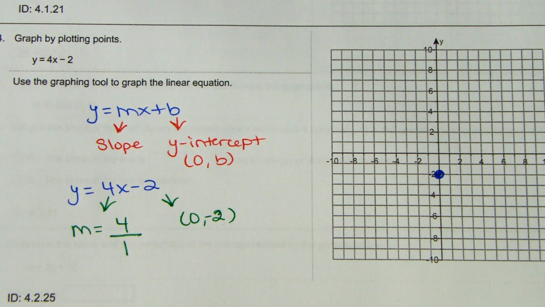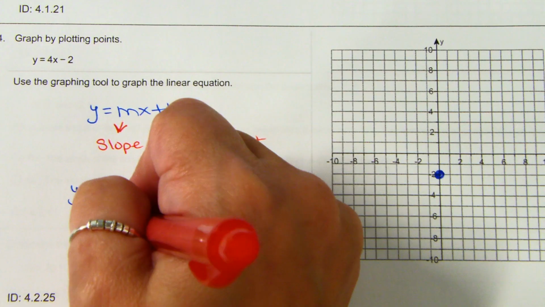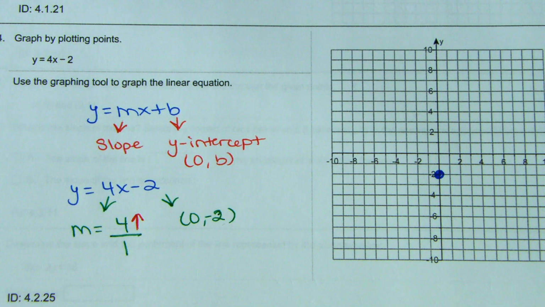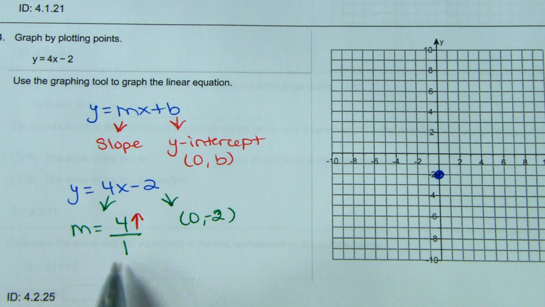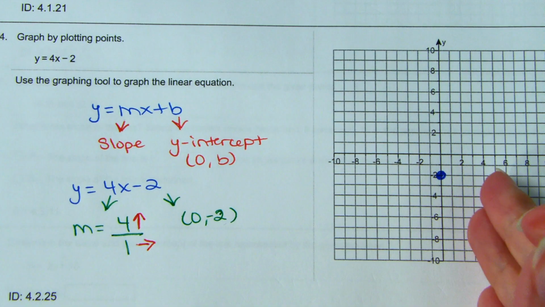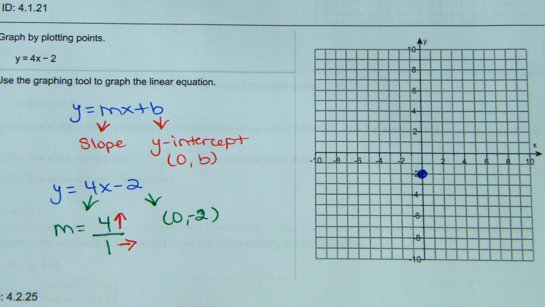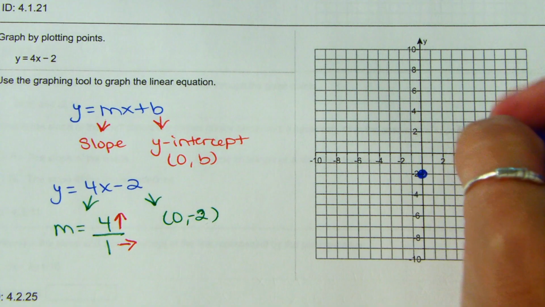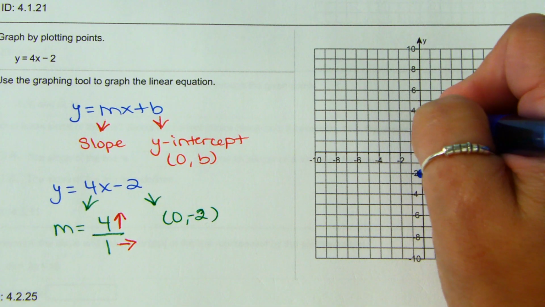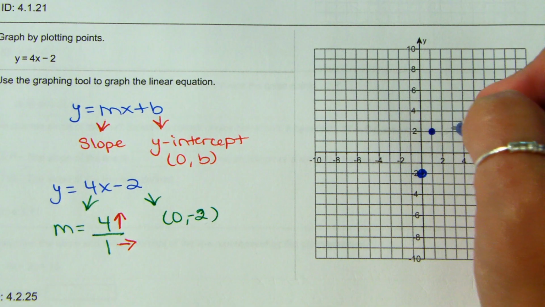So if the vertical change is positive, like it is in this case, that means we're going to move up because positive vertical movement is up. The bottom number is positive, which means we move to the right because positive movement horizontally is to the right. So from the point (0, -2), we're going to go up 4, 1, 2, 3, 4, and to the right 1 unit, and we drop that.